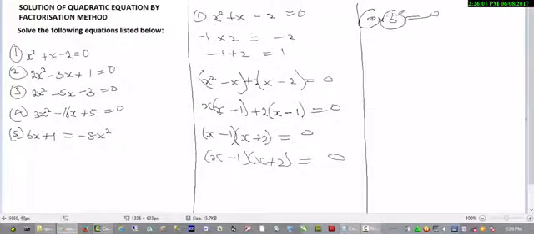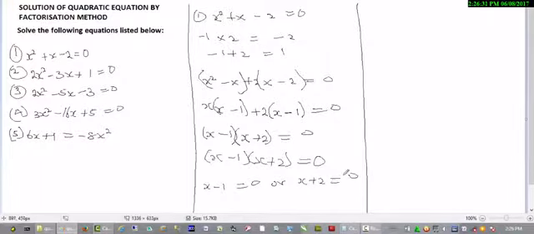If a is 0 and b is not 0, a times b is 0, or if b is 0, a times b is also 0. So these are the two criteria. So looking at the brackets, either x minus 1 equals 0, or x plus 2 equals 0.